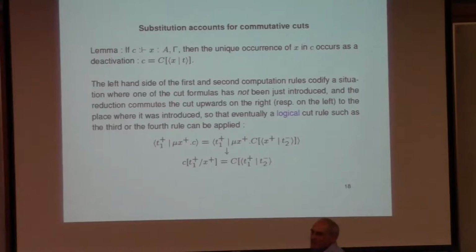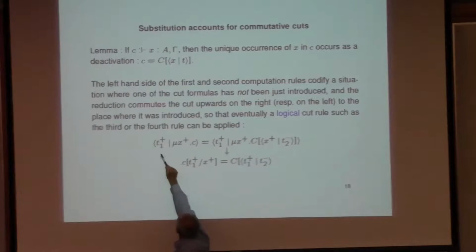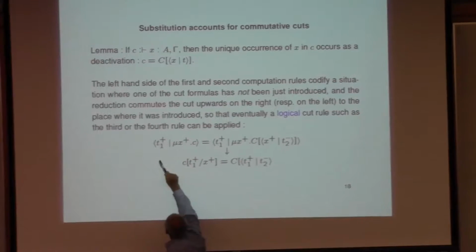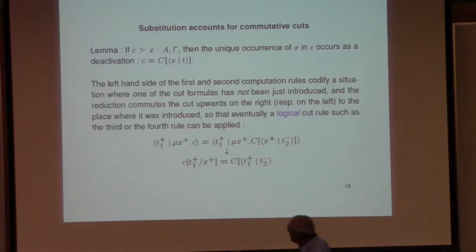Okay, that's the idea. So now that we have this lemma, we can read this computation rule, which says that T1 cut against mu x dot C returns C where T1 replaces x. What does this mean?